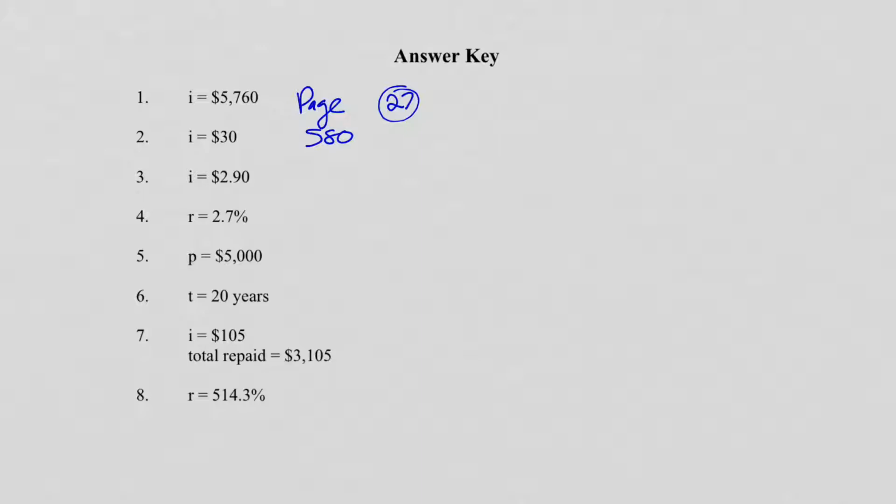Let's get the key information down. The principal amount that she's borrowing is $3,500, and the amount of time she's going to use this money is 6 months.